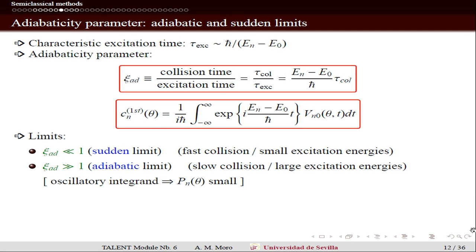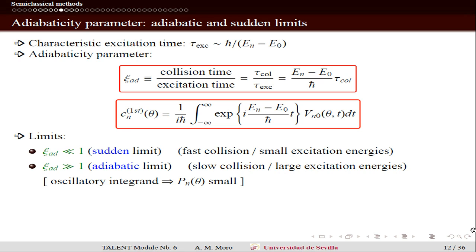The collision time, loosely speaking, is the time during which the projectile is close to the target, the time during which they feel their mutual interaction. This will depend, of course, on the range, for example, of the potential, and on the kinetic energy. If the collision is very fast, then the collision time will be smaller.